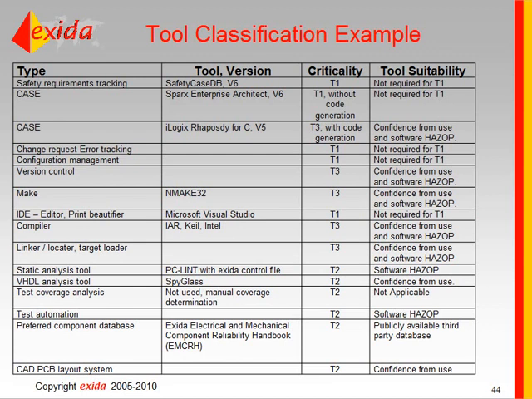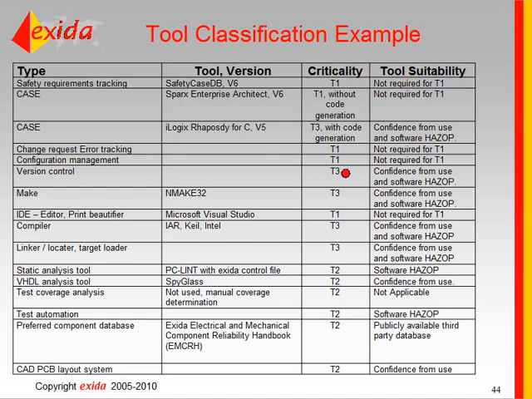All right, so this is just an example of a tool classification. You would go in and list all the tools that you're using for software development, what all the versions are, and then what the criticality is, like T1, T2, and T3. And then the tool's suitability is essentially what you have to do to qualify that tool. So for tool criticality T1, there's no qualification required, as we said.